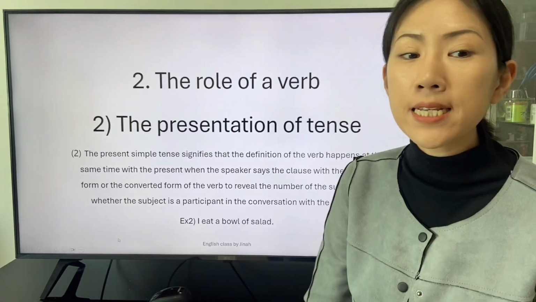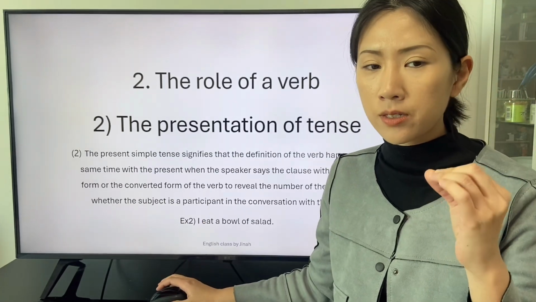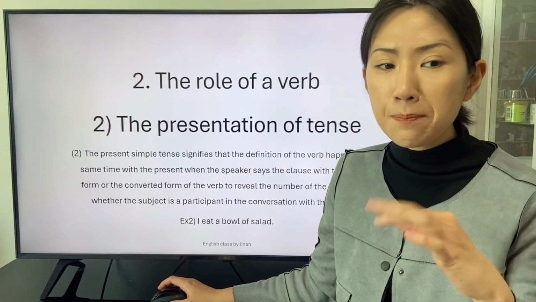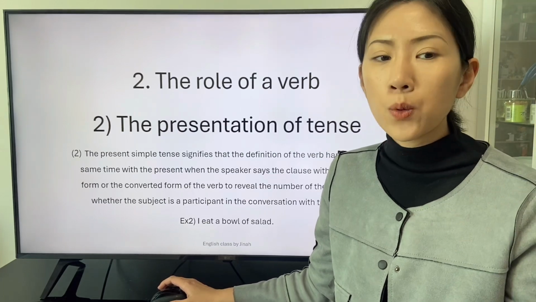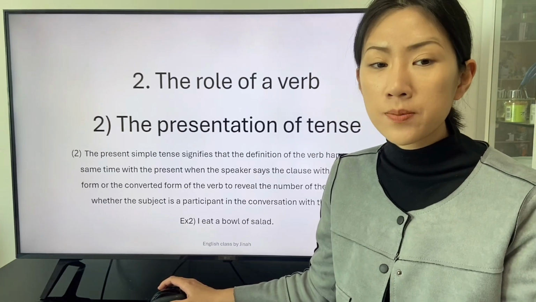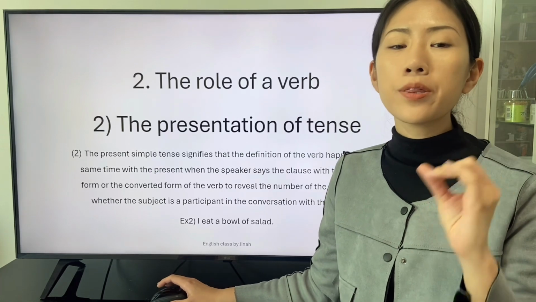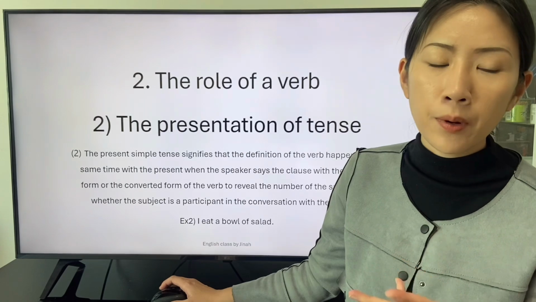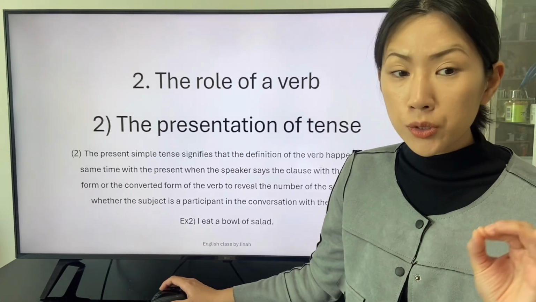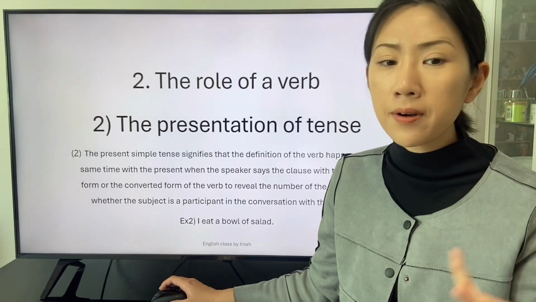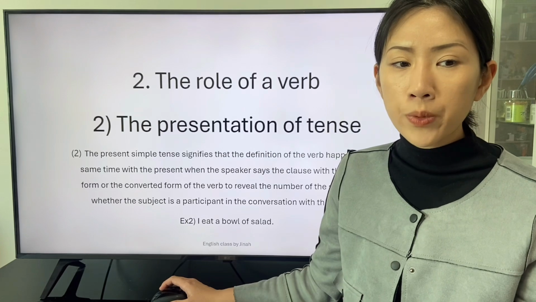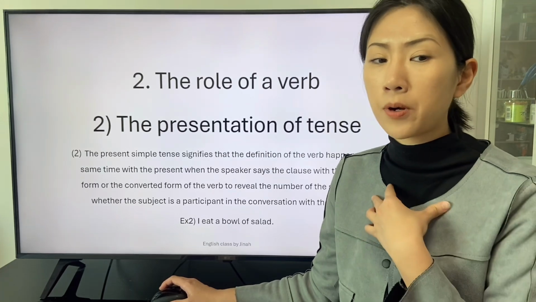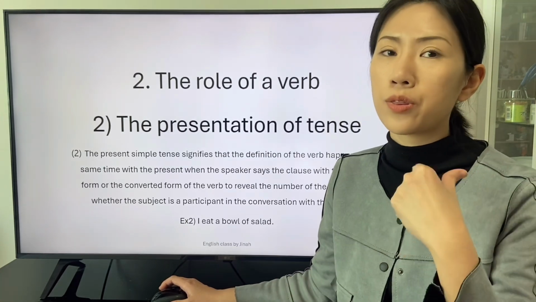Second, the present simple tense signifies that the definition of the verb happens at the same time as the present, when the speaker says the clause, with the original form or the converted form of the verb to reveal the number of the subject and whether the subject is a participant in the conversation with the speaker.